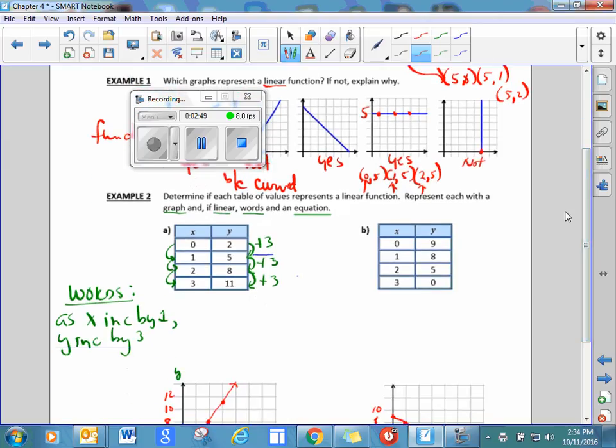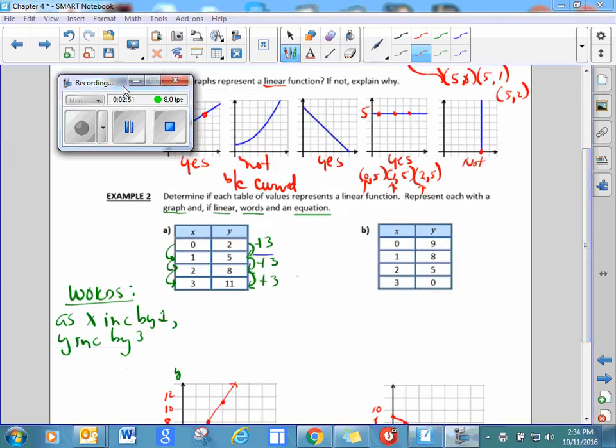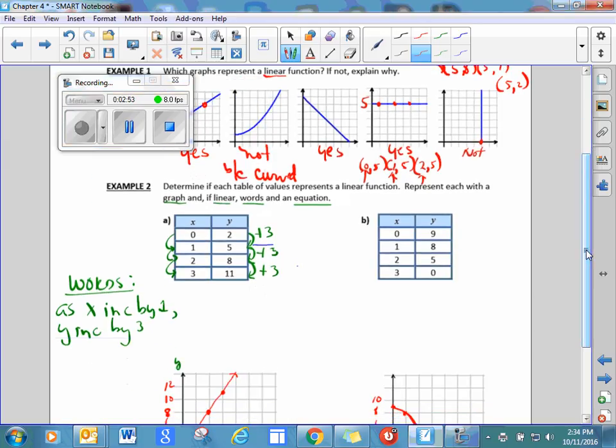So let's go down to a couple of these examples in example 2 and see what we've got. They're asking us to do a number of different things. They're asking us to graph our table, and if it is linear, write in words what the pattern is, and then finally write an equation that will start with y equals.